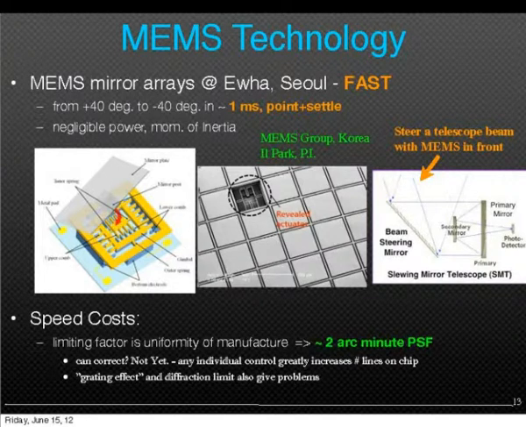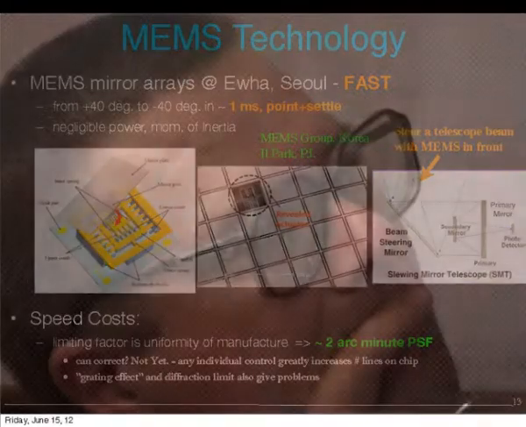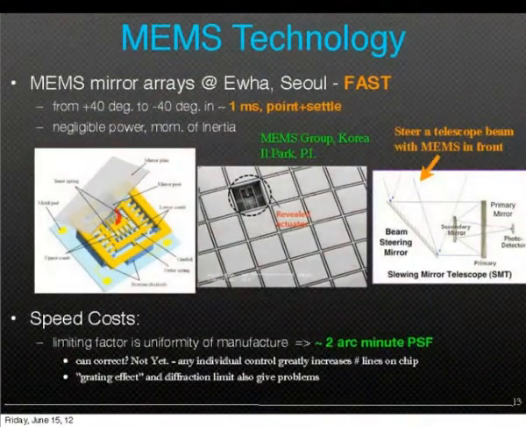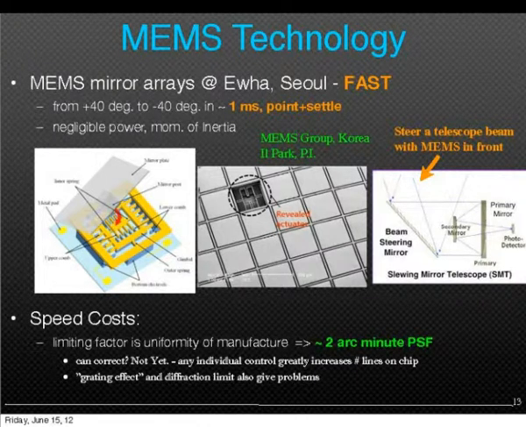And you can imagine putting a mosaic of these devices in front of a telescope and steering the beam that way. It turns out that the limiting factor is the uniformity of manufacture. It turns out that that's worse than the diffraction limit for these little tiles. The problem is they don't all point quite exactly in the same place. So when we looked at these in tests, we found that this was spreading out the PSF by as much as 2 arc minutes.